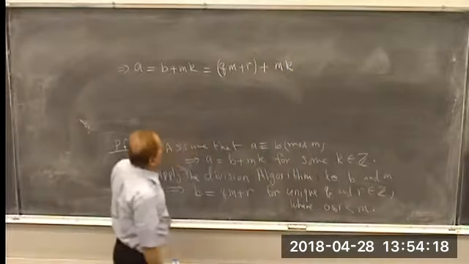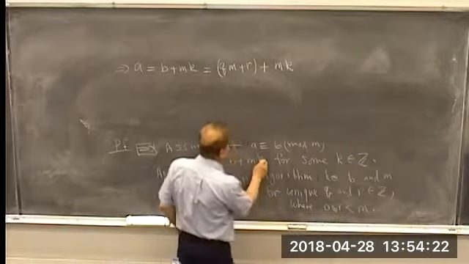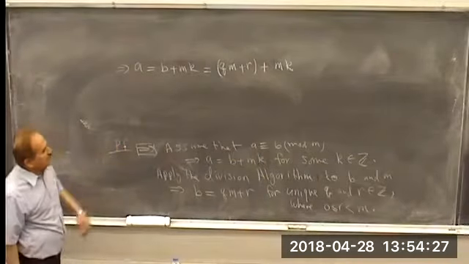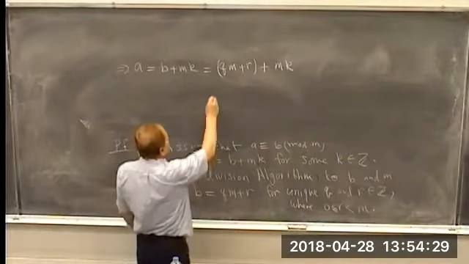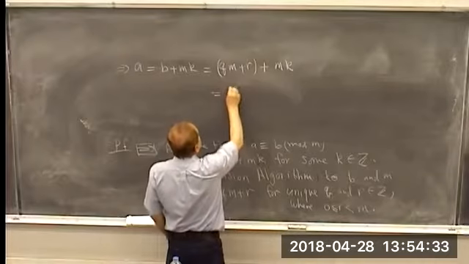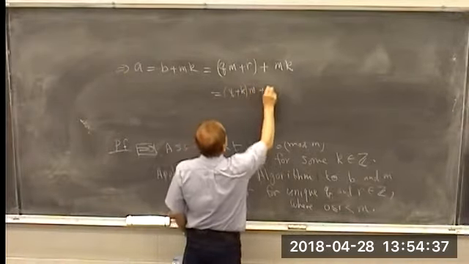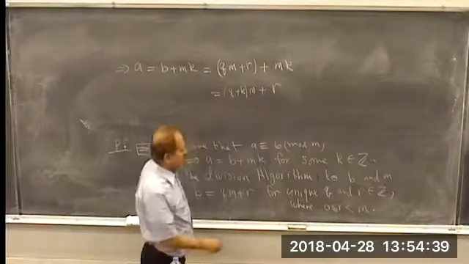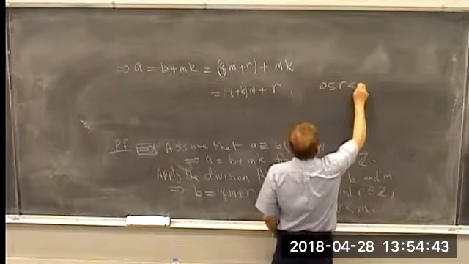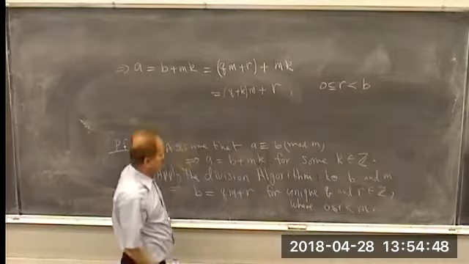Now remember the R, the Q, and the K are unique, because there is only one K that actually makes this equality. Arranging these, I could write this as (Q plus K) M plus R. And remember the R is between 0 and M.